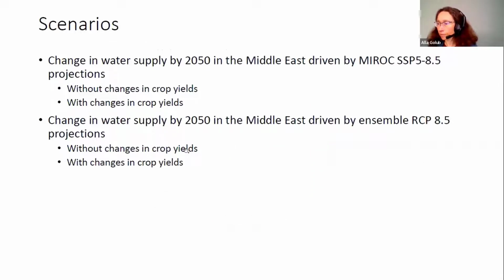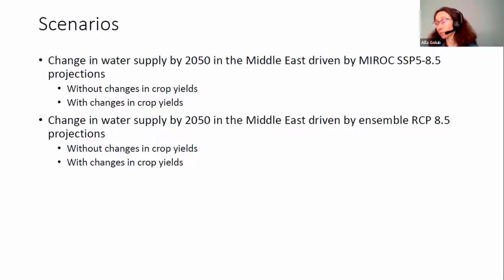And now let's talk about the scenarios that we implement with the economic model. Reductions in water supply projected by the hydrological model are implemented in GTAP-BioW. Note that in the CGE model, the reduced water availability affects only irrigated crops and would give an advantage to rain-fed crops relative to irrigated.